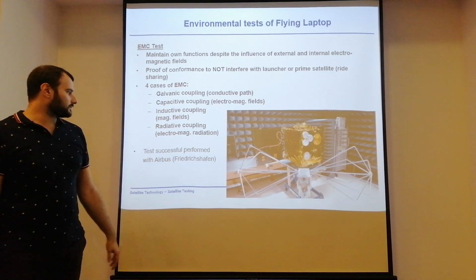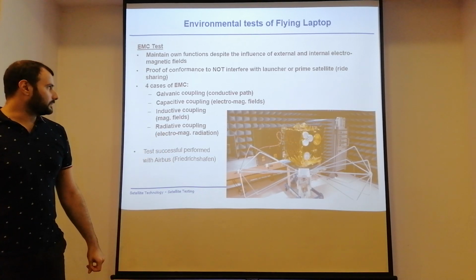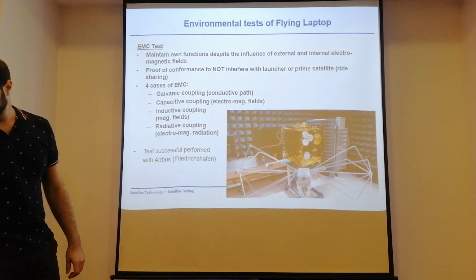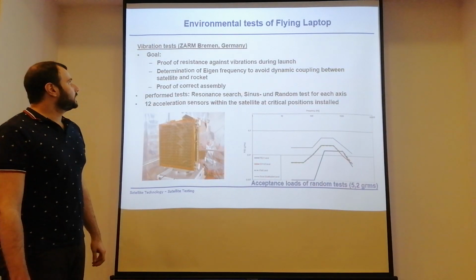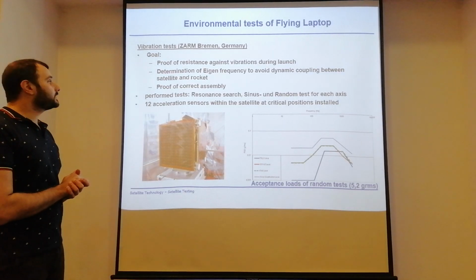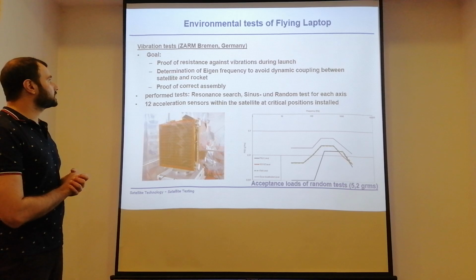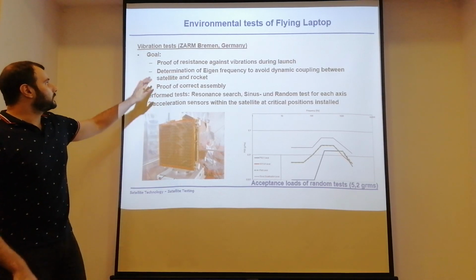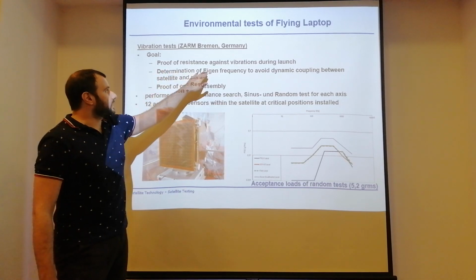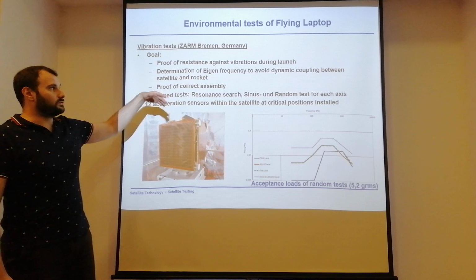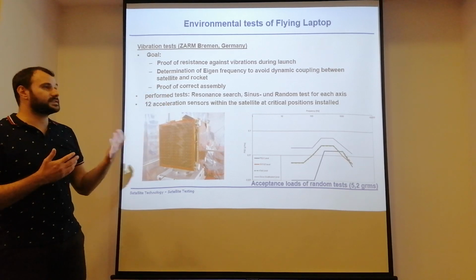And all the tests were successfully performed with Airbus in Friedrichshafen, Germany. Then the vibration tests, the physical tests of the main structure, were performed in Bremen, Germany, with the goal to prove the resistance against vibrations during the launch and to determine the eigenfrequencies to avoid dynamic coupling between the satellite and the rocket.